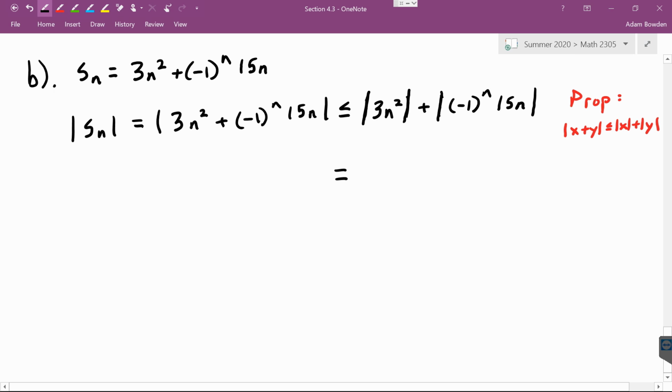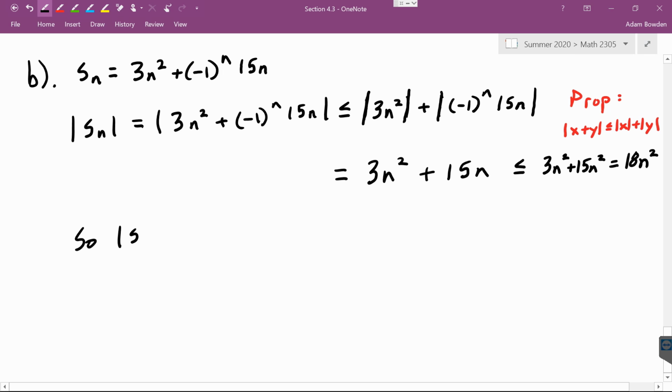Now what this is equal to is 3n squared, the absolute value of it will be just 3n squared. The absolute value of the other term will eliminate the negative 1 and we'll just make it 15n. Okay, and now that's actually less than or equal to 3n squared plus 15n squared, which is equal to 18n squared.